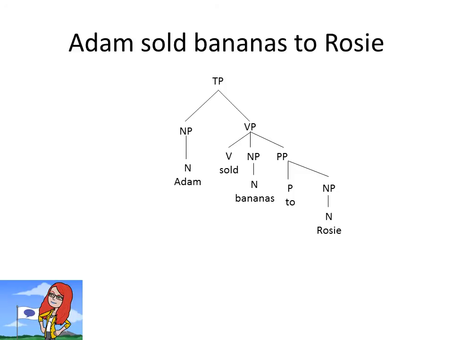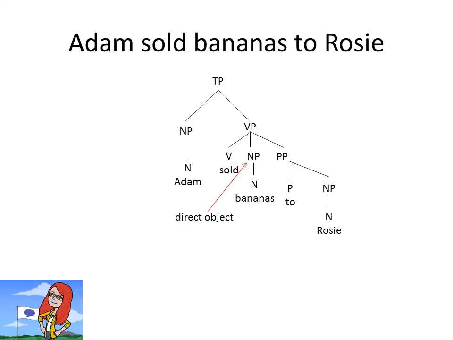In this next tree, Adam sold bananas to Rosie. We see we also have an indirect object. As Carnie states, the indirect object also has two definitions. In this tree, the direct object is again the NP daughter, bananas, of the VP.